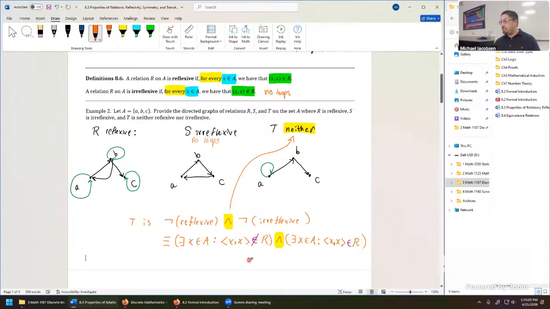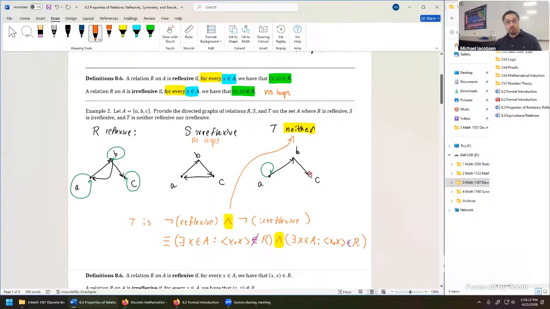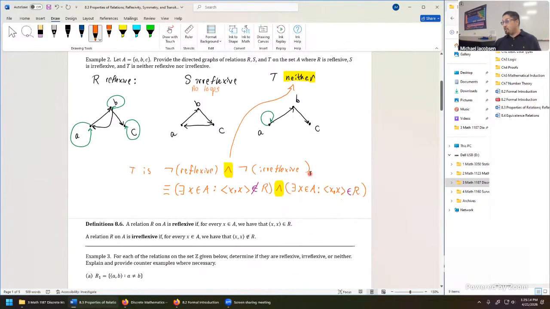Our goal next is to just look into some interesting relationships, look through the definitions again, thinking in terms of what we did here, the visualization of what these properties are even saying, in terms of new and interesting relationships down below. So here's our example 3. For each one of the relationships, they're all given on the set Z. So the set A has been promoted to an infinite, countably infinite set Z. We want to determine if these relationships are reflexive, irreflexive, or neither.